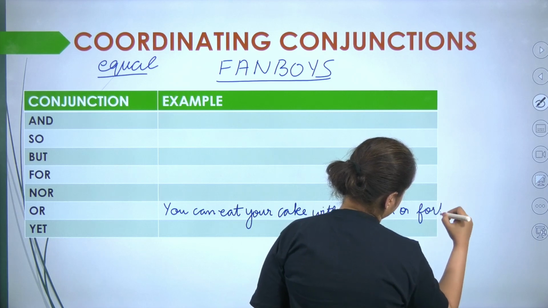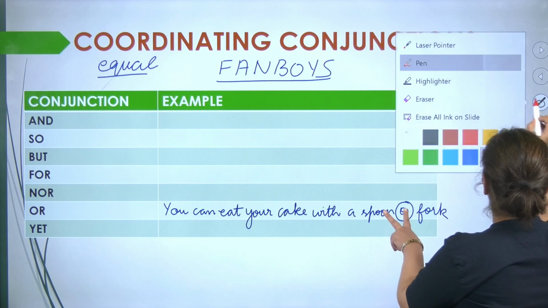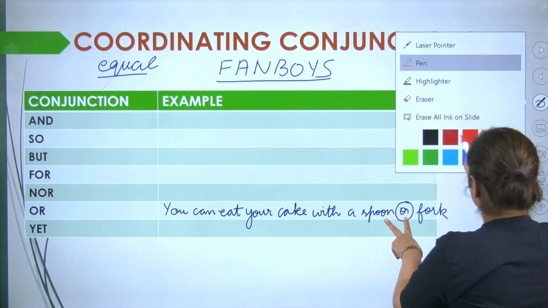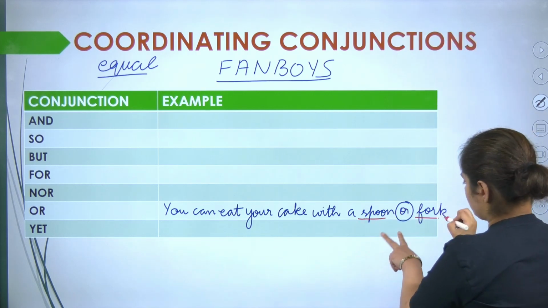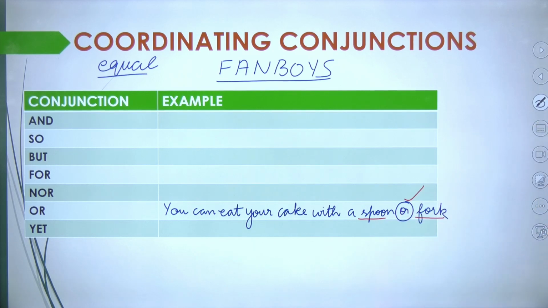Here you are comparing two very similar words, spoon or fork, equal in importance. You are giving equal importance to both these options, so you are connecting with a coordinating conjunction, which is or. Are you getting it?